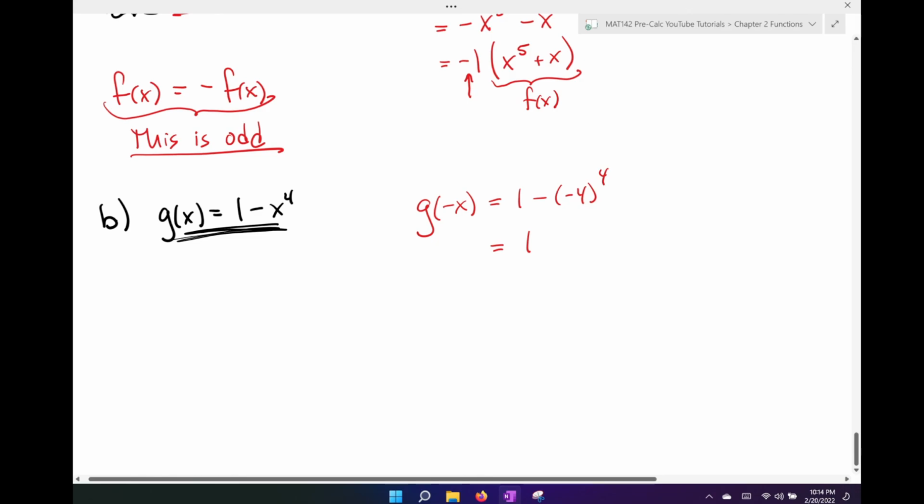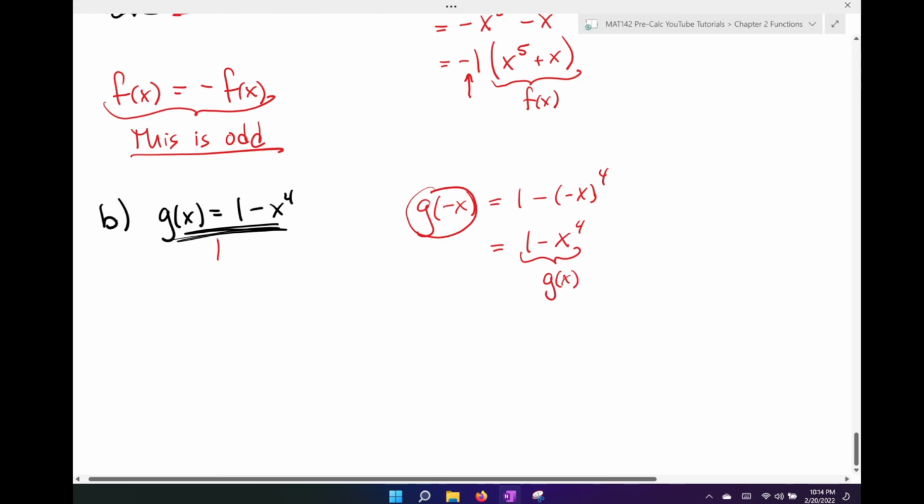Negative x raised to the fourth power is still going to be a positive x to the fourth. All right? So notice when you substitute in negative x, you still get g of x out front.